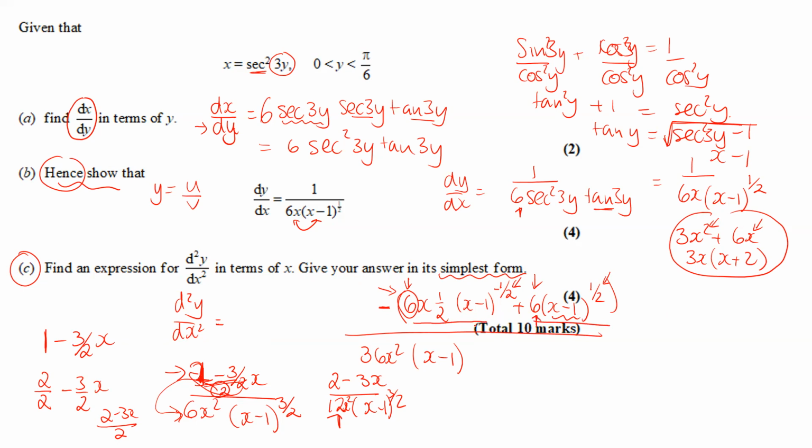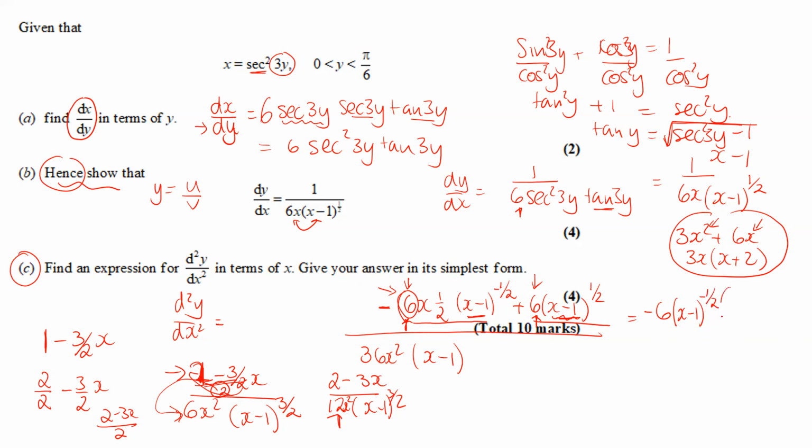So they've both got a 6. So I'm going to take out minus 6, and then this bracket and this bracket, you look and see what is the lowest power. Minus a half is the lowest power. So I'm going to take 6, (x minus 1) to the minus a half out.